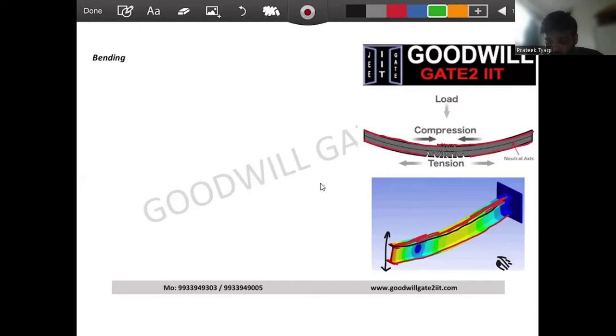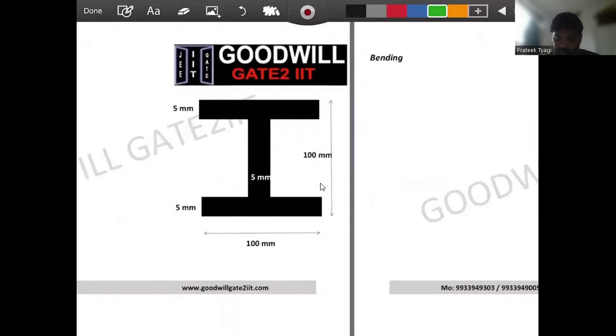When you bend any system, the beam experiences as if someone is pulling it in this direction and this direction. Although you're not pulling it, you are bending the beam, the structure experiences as if someone is pulling it. Now, what do you mean by this? Let me make it more clear.